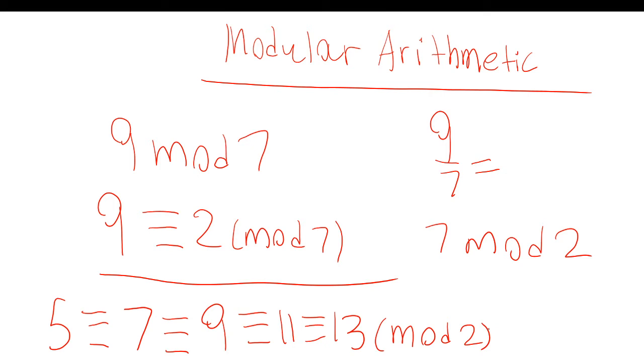The reason these are all true is that when you divide 7 by 2, you get the same remainder as if you divide any of the others by 2. That's basically the basics of modular arithmetic. Now let's go on to the actual properties.